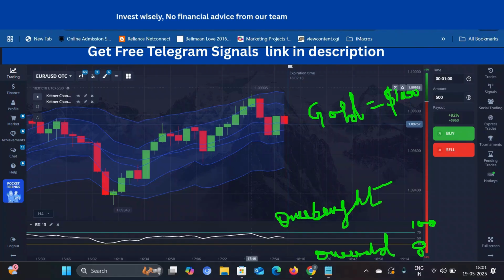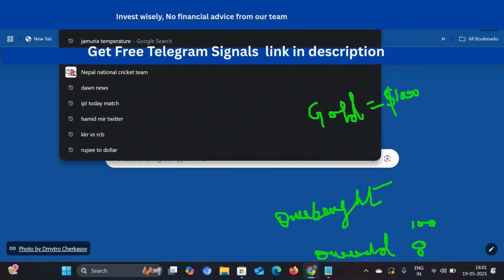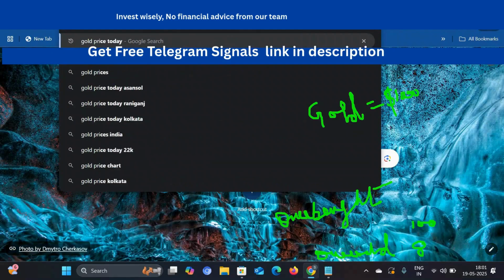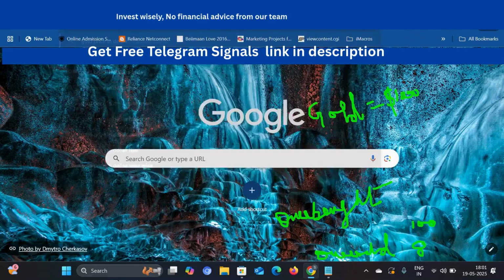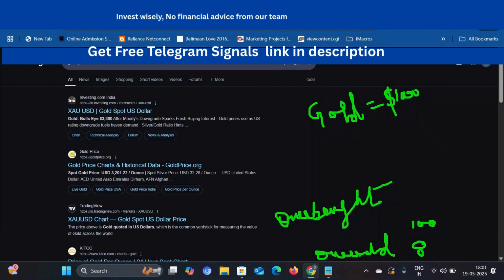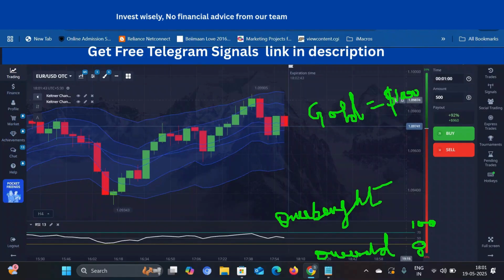Let me confirm that for you just for a second. Okay, $1,000, same thing, like $2,000 or $3,000 or $1,000, whatever it is. So let's assume $1,000. Gold had gone up to around $1,000.